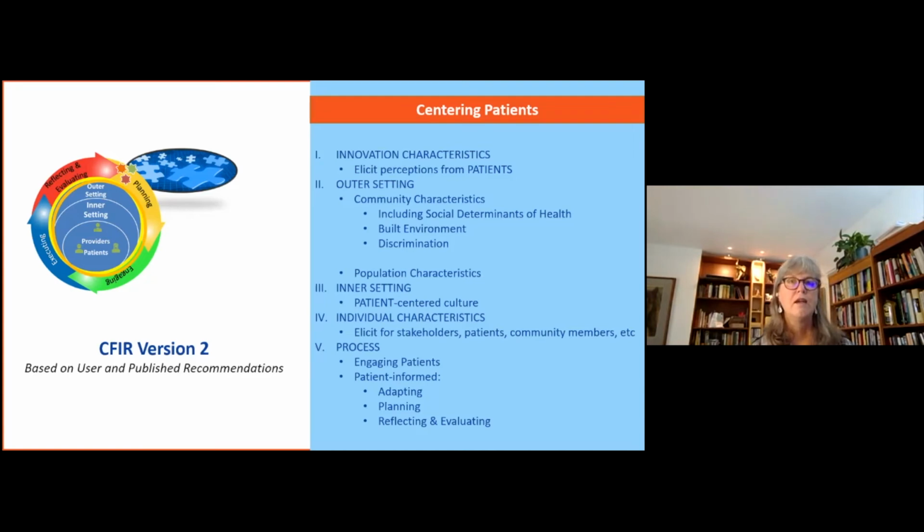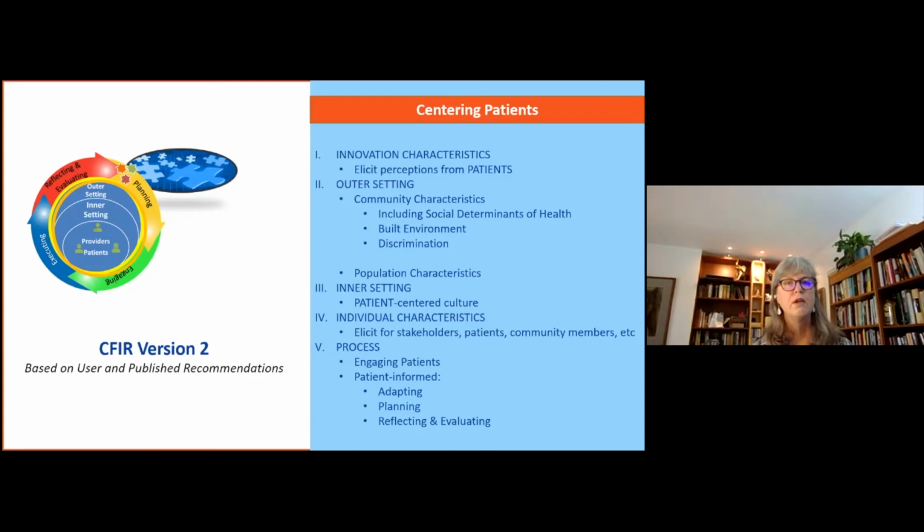The second major group of people to consider are the people who will be delivering the intervention. So the CFIR was designed within a clinical setting, and we have providers and staff who have roles for effectively delivering the innovation to their patients.